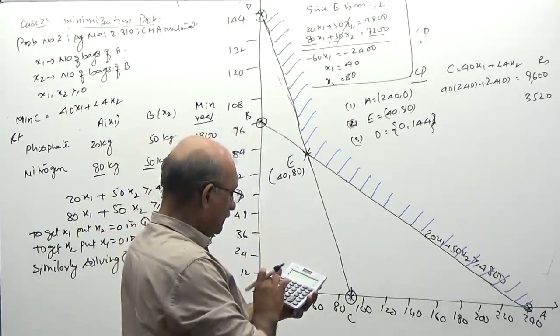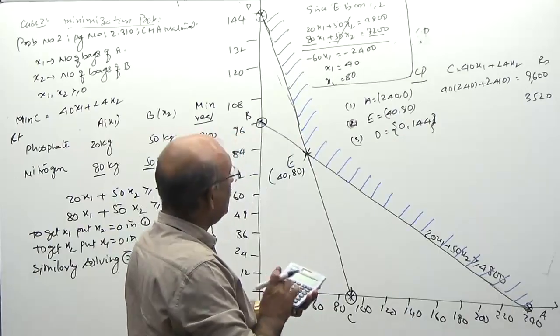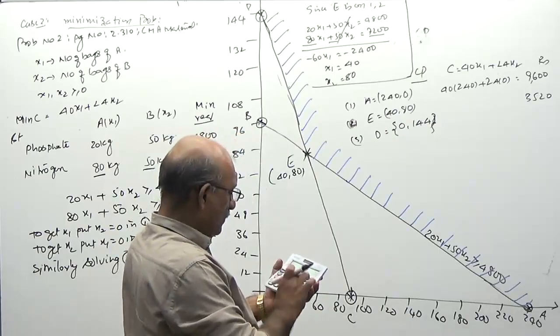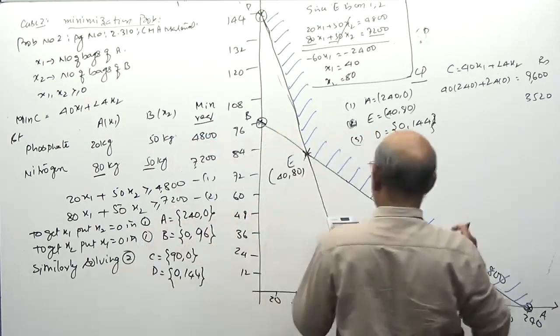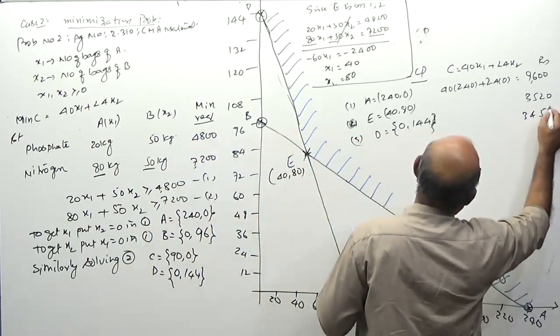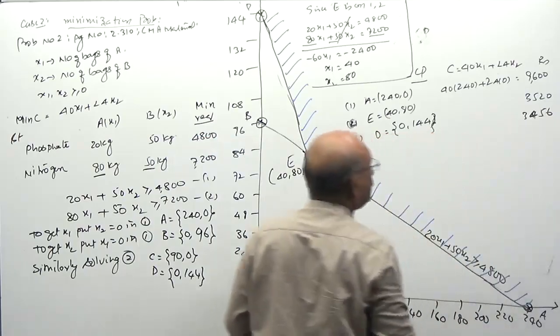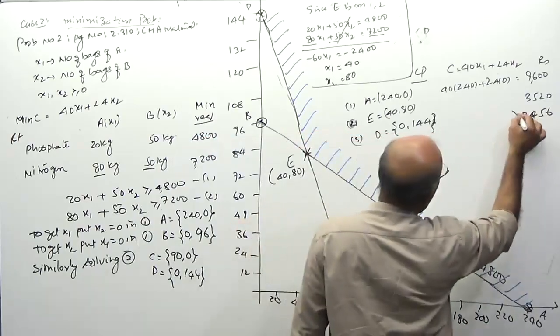So this is 24 into 144, which is 3456. So this is the minimum cost, sir.